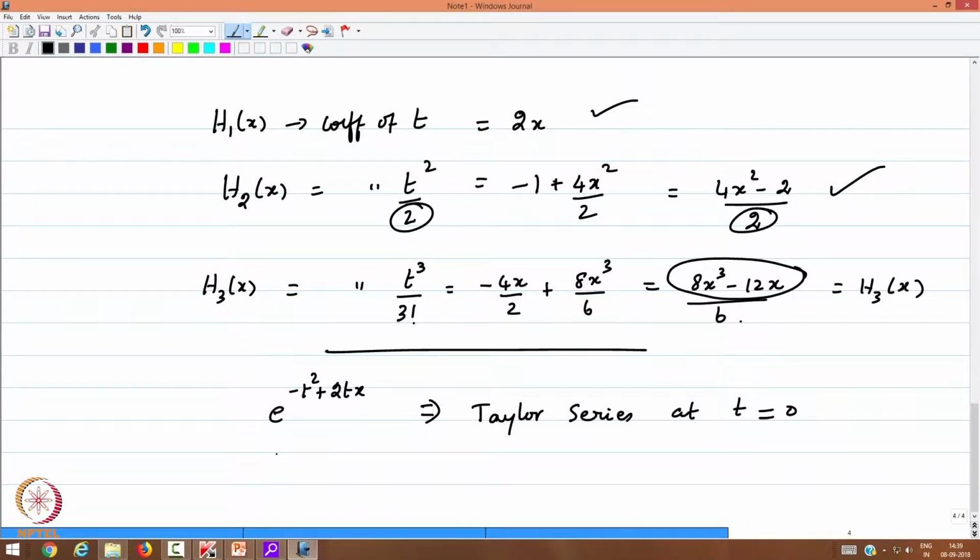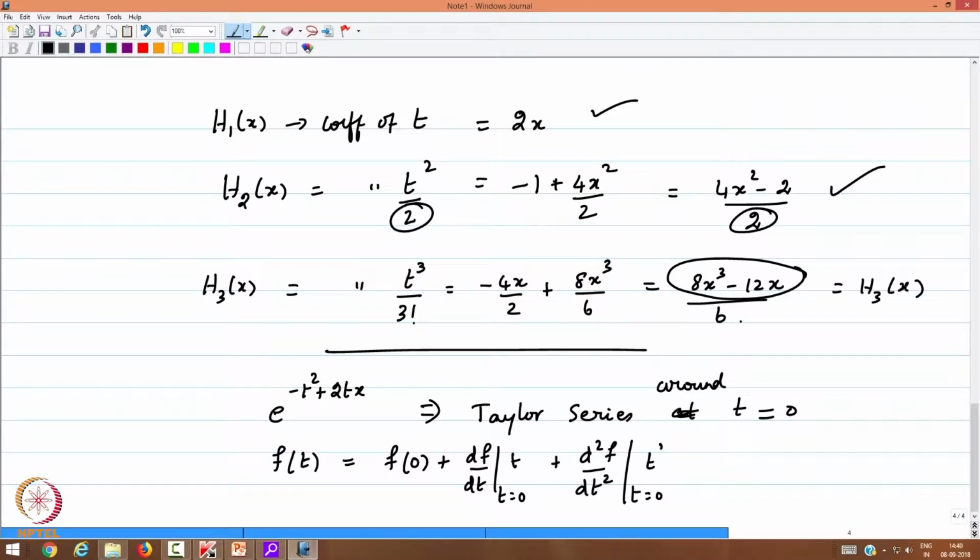If you expand any function of t as a Taylor series around t is equal to 0, then you will have the solution f of 0 plus df by dt evaluated at t is equal to 0 times t, plus d square f by dt square evaluated again at t is equal to 0 times t square by 2, plus d cube f by dt cube at t is equal to 0 multiplied by t cube by 3 factorial and so on, because the Taylor series of any function around a point is given by the value of the function at that point and all the derivatives, which we hope are analytic and continuous, they all exist. This is what is given.